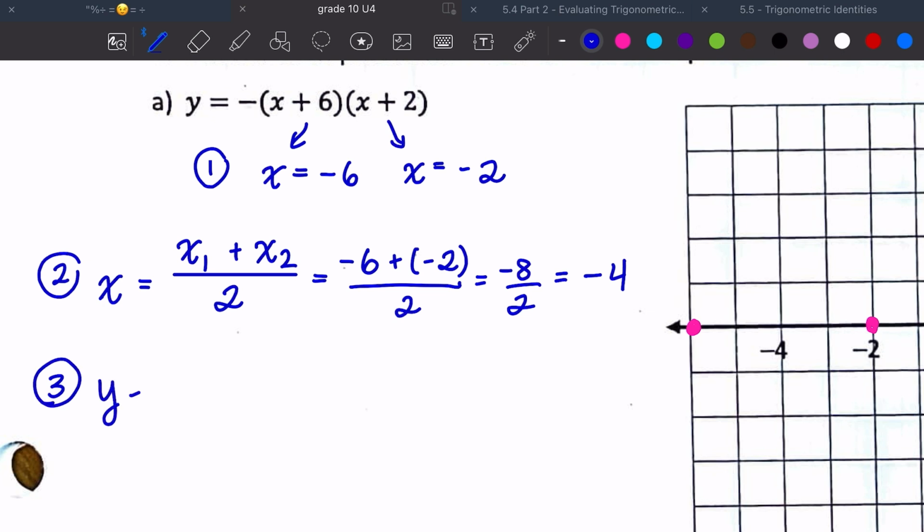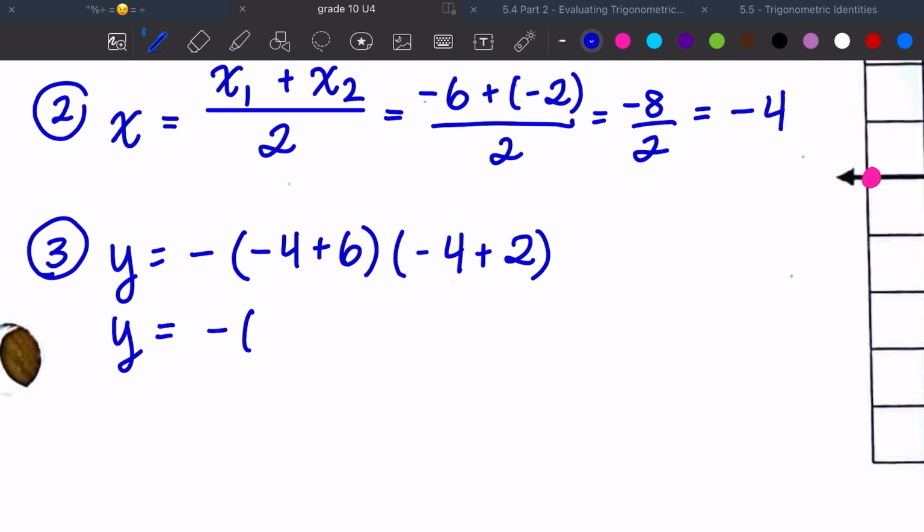So that's it. So y equals -1, and then I've got (-4 + 6) and (-4 + 2). Which, okay, what is this bracket going to simplify to? -4 plus 6. What is that? Did you say it? What's that one? 2. Thank you. +2. Whereas this one, -2, the opposite.